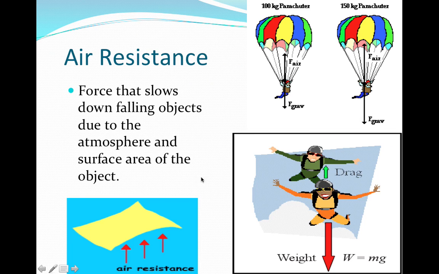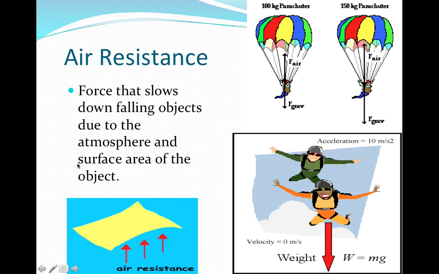Okay, here's one right here called air resistance. This is another force, and it naturally slows objects down. Yesterday you had a little experiment where you dropped a book and then a piece of paper. The piece of paper catches the wind and drags, and it falls at a slower rate.